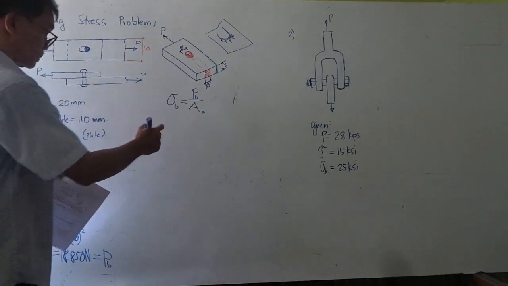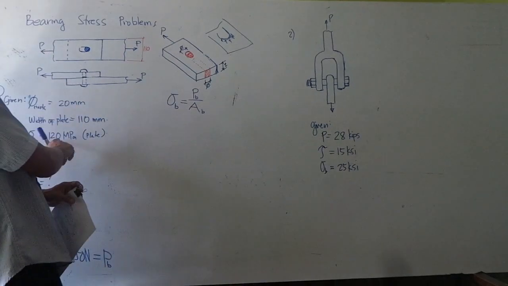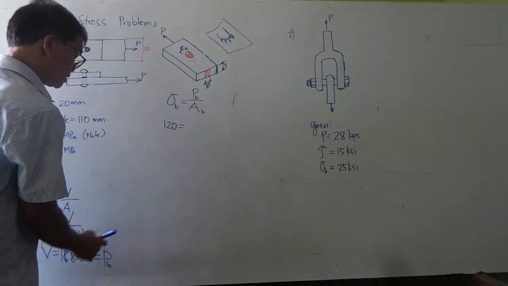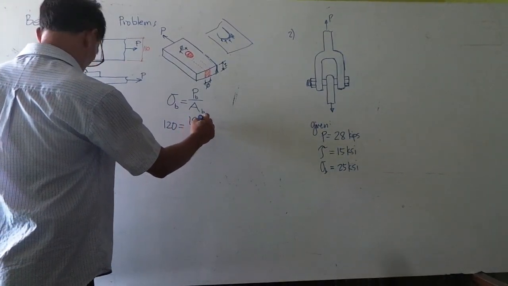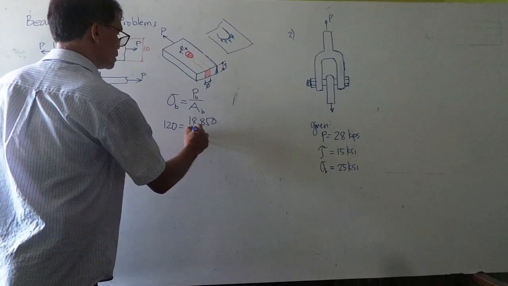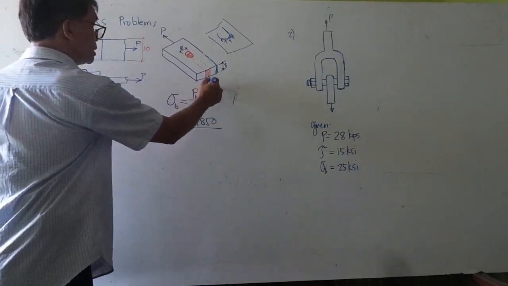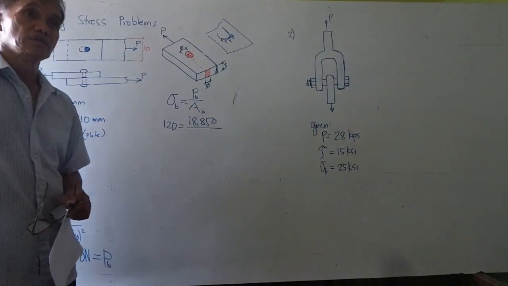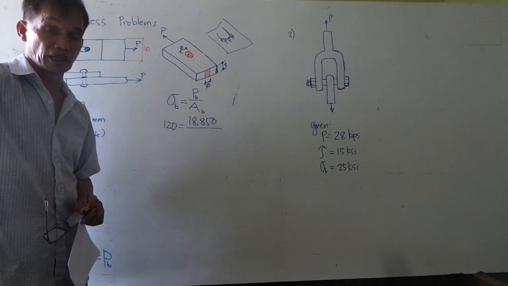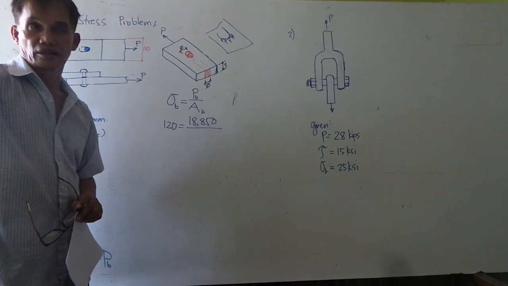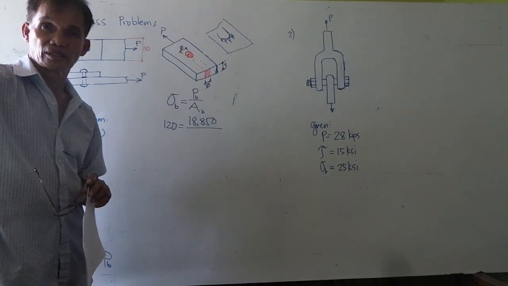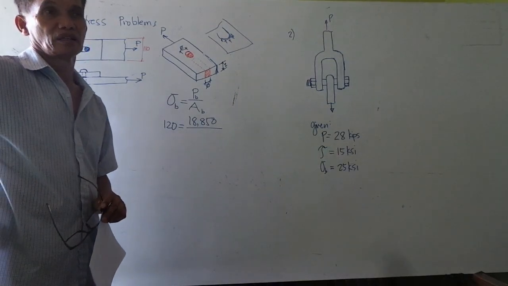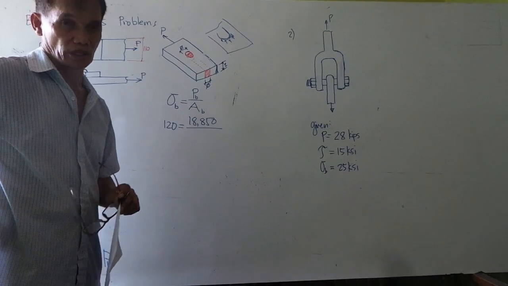The bearing stress of the plate is 120, equal to PV, 18,850, divided by the area of the plate, which is the diameter of the hole times the thickness. Take note that the diameter of the hole is always bigger than the diameter of the rivets or bolts, because if they were the same diameter, the bolt would not fit.